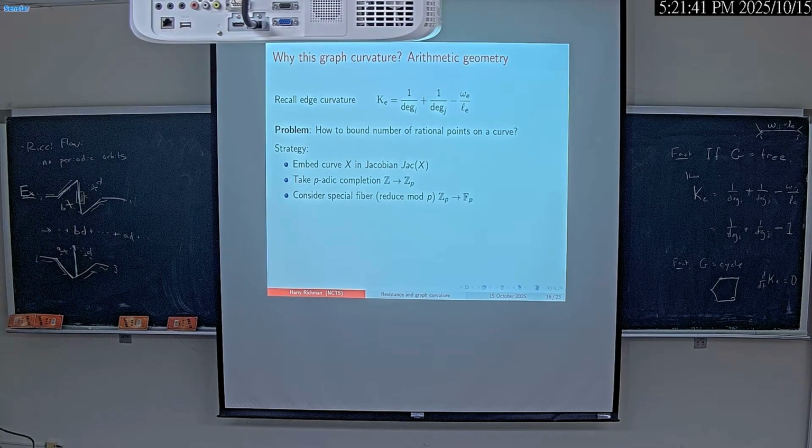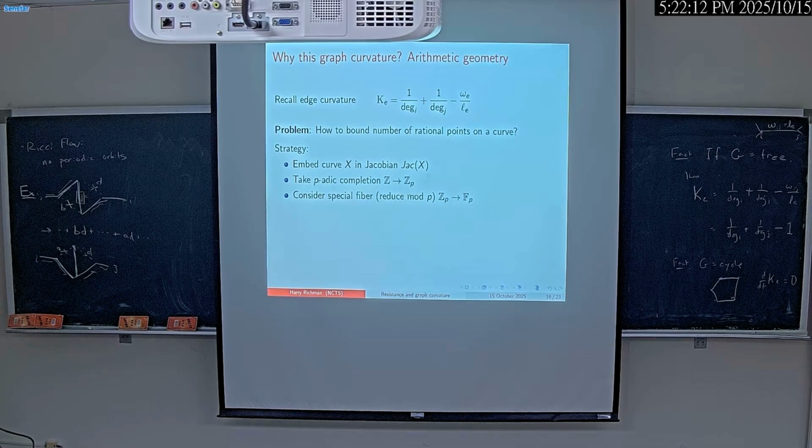A lot of the motivation for tropical geometry came from arithmetic geometry first, where we want to do things like bound the number of rational points on a curve. As a very high-level overview, instead of only looking at the curve over the rational numbers, we want to look over completions of the rational numbers.